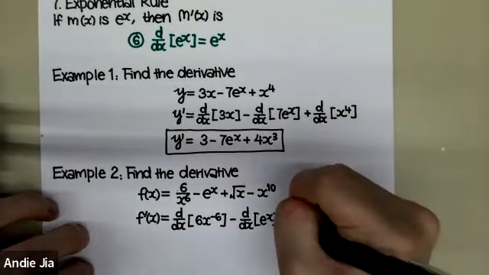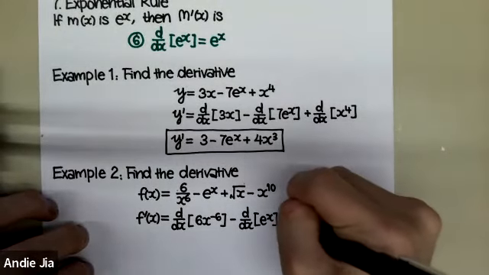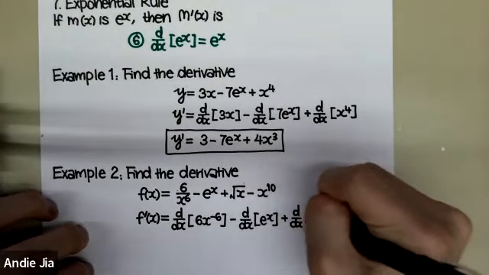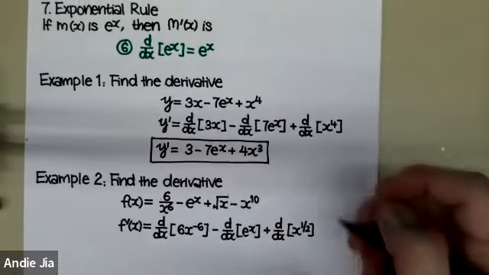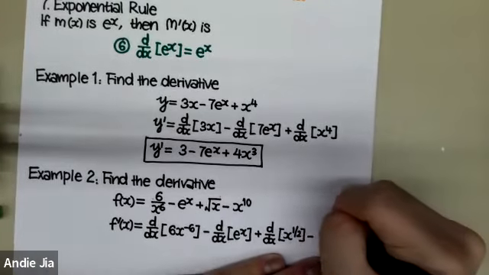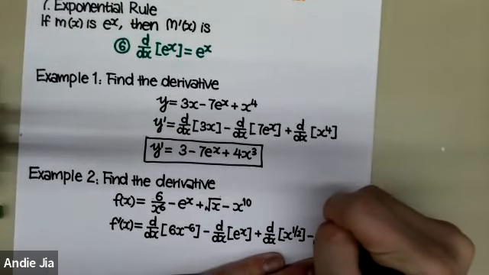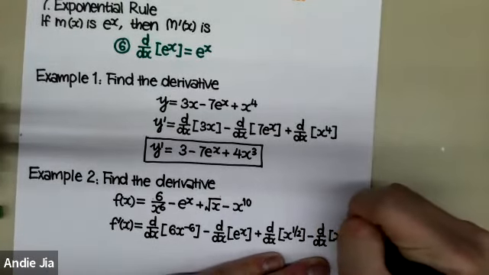And then the plus is d/dx of x to the 1/2, minus d/dx of x to the 10th.